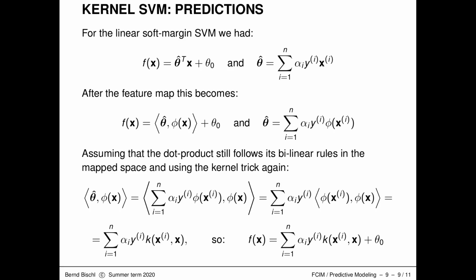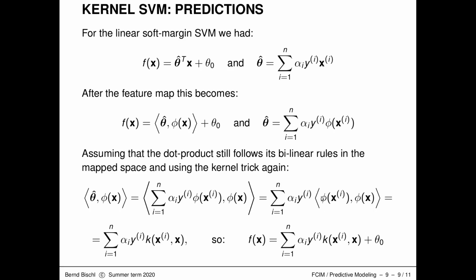So by that, I just mean the following quite simple thing. As this dot product is linear in its first component, we can draw the sum outside of the dot product, and we can also draw all of these constants outside of the dot product to the left-hand side. Then we take a look at what remains, and we can see now we have exactly this form that we need for our kernel trick.